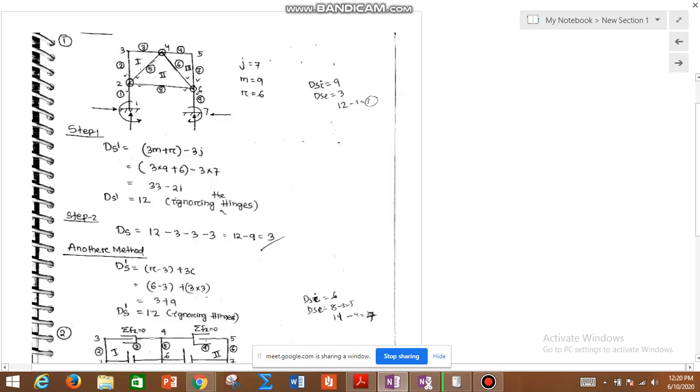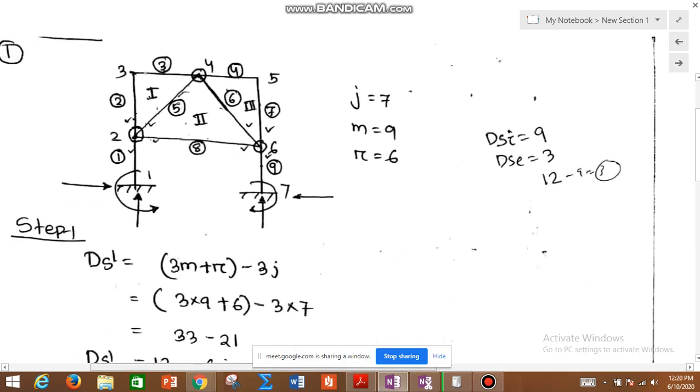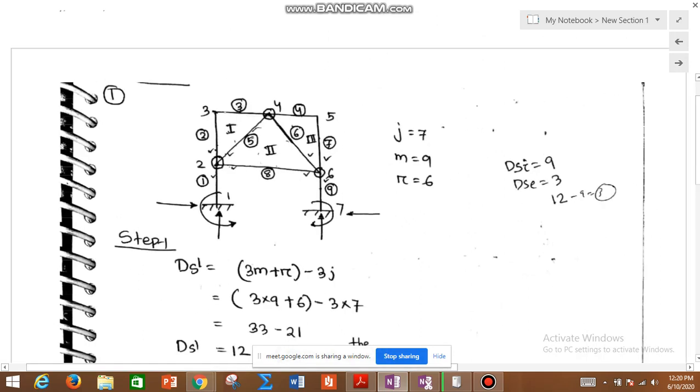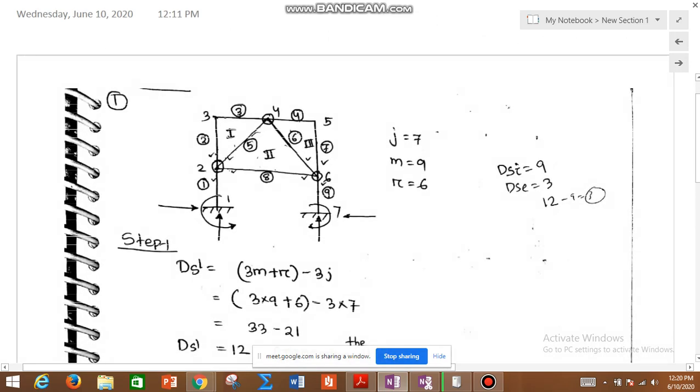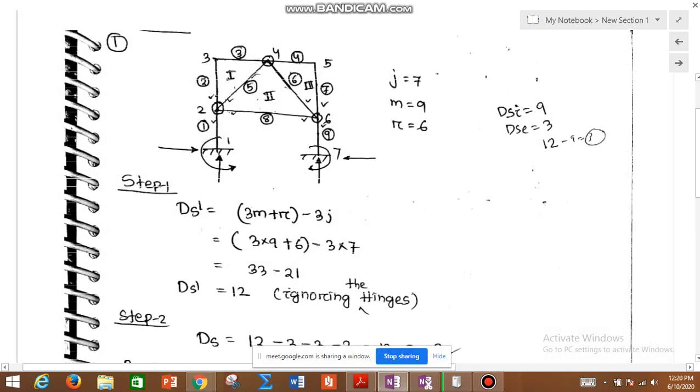Let me zoom this figure so we are able to see. Okay, fine. So this is the frame. First of all we have to find the DS. DS is 3m plus r minus 3j. What is m, the number of members?